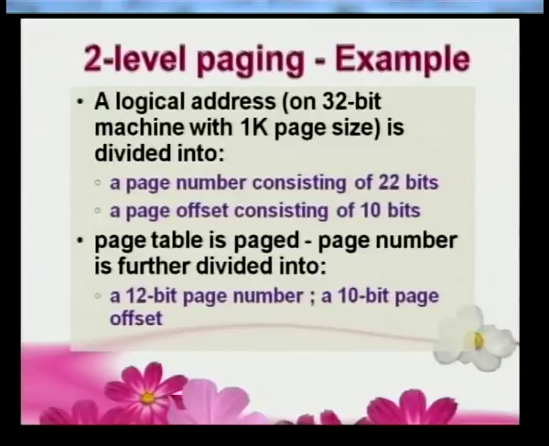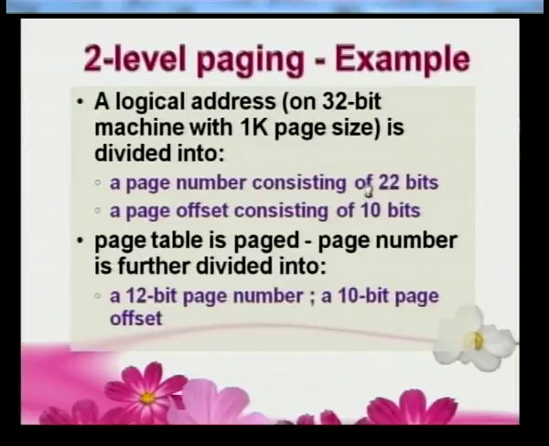Because this is a 32-bit machine with 1K page size, 10 bits are allocated to offset and the remaining higher order 22 bits are allocated to page number. Page table is also paged. Because we are following a two-level paging scheme, the page table is also paged, and therefore there needs to be an outer page table, and therefore we extract 12 bits out of this 22 bits. We extract only 12 bits for the page number and 10 bits for the offset.